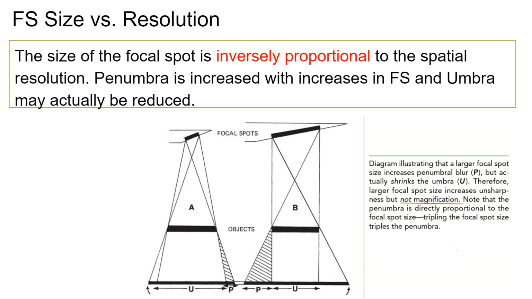So what that's going to do is give us less penumbra, right, and more umbra. So the umbra actually gets bigger, and the penumbra is smaller, right? So this is bigger, and now this is much smaller. And the umbra just represents better spatial resolution, right?